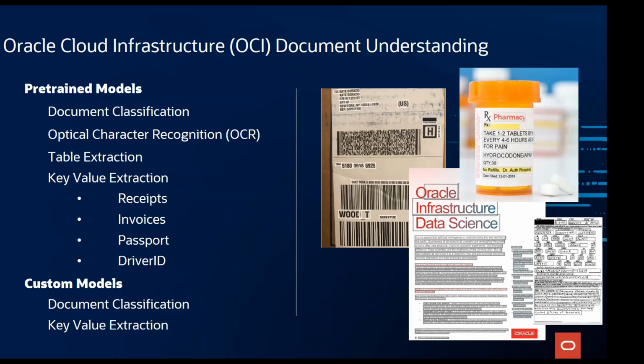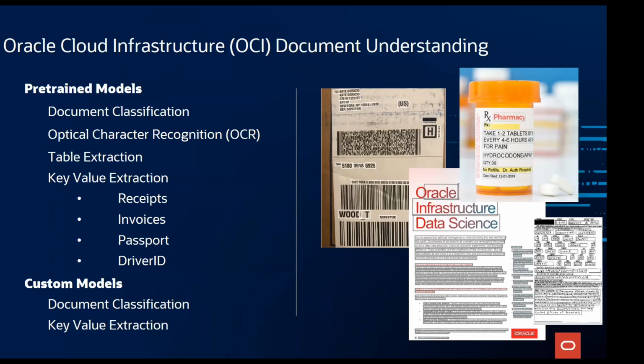And just like the language service that we saw, you have the capability of creating custom models, where you can create a custom model to classify documents, as well as create custom models for key value extractions. An example of that would be you get an invoice or some document for which the pre-trained model is not working, so you can just design your own.